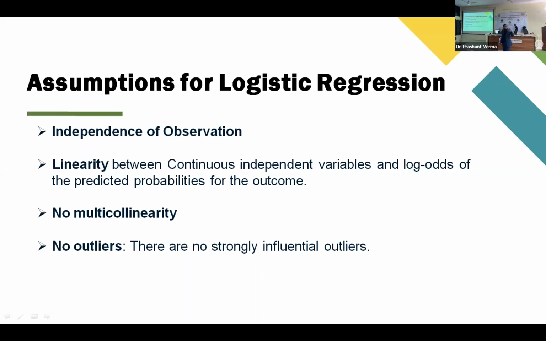So in this case, the probability of having heart disease for one person will not depend on another. Observations should be independent. But if you remember the paired t-test, we had paired data there. Or if you are doing a longitudinal study, then observations will be dependent. So first is independence of observations.